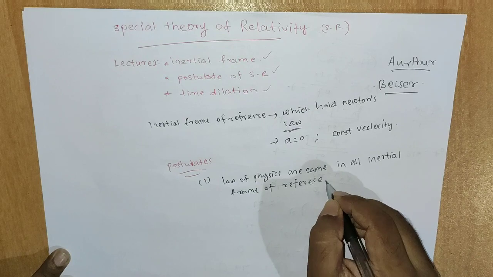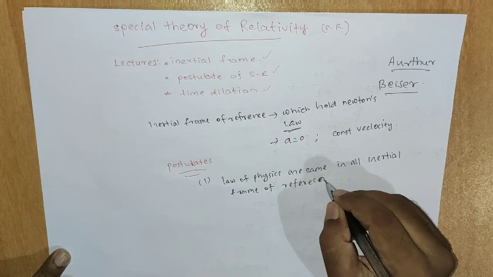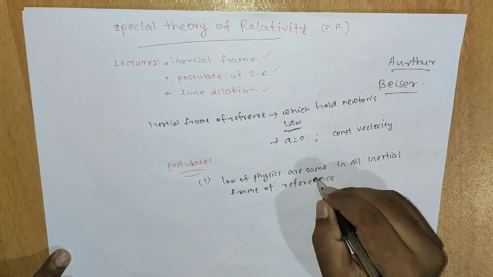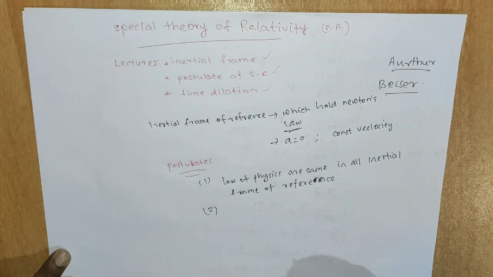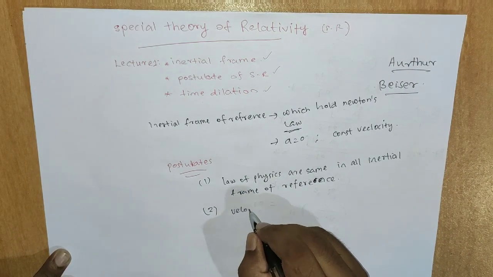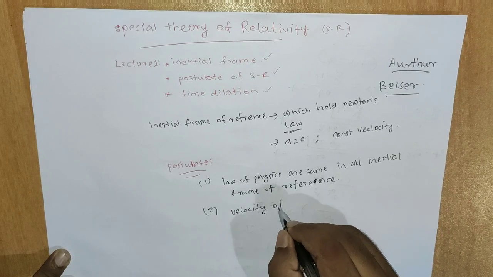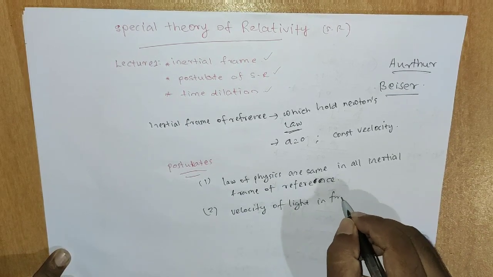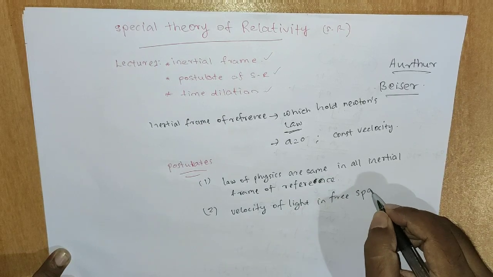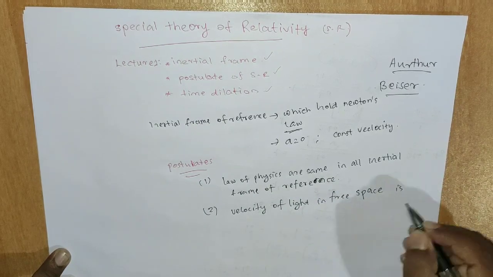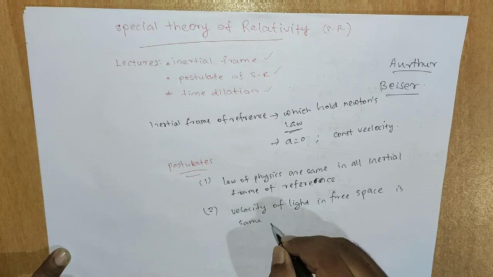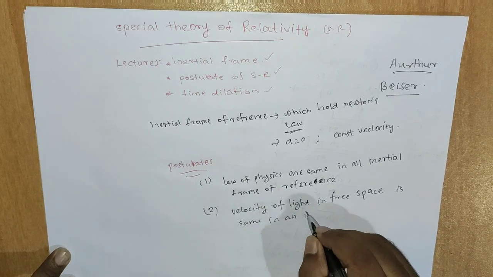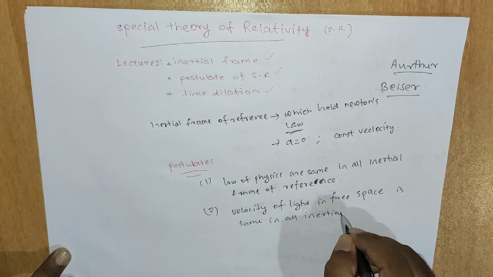And the second postulate is that the velocity of light in free space is the same in all inertial frames of reference.